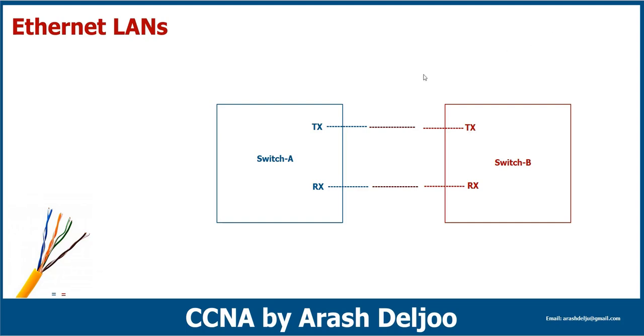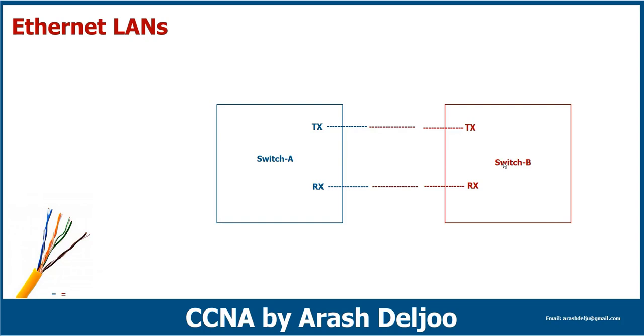When switch B is sending traffic to switch A, switch A should not accept it. Why? Because switch B should send from this pin, and again in switch A we don't have a receiver. This means that in normal behavior the communication does not occur, you know it.